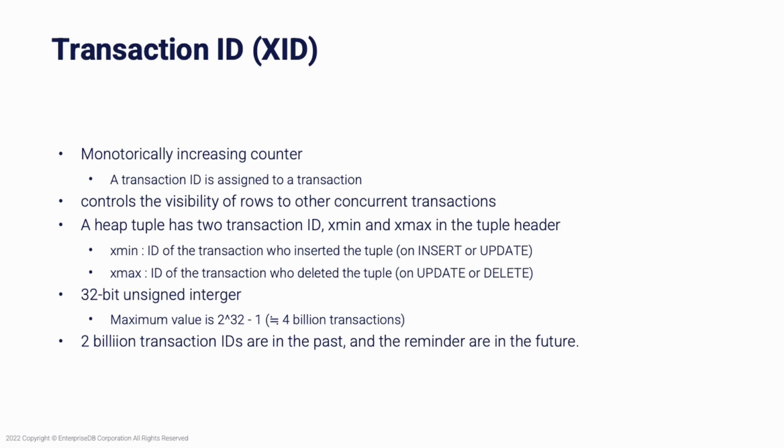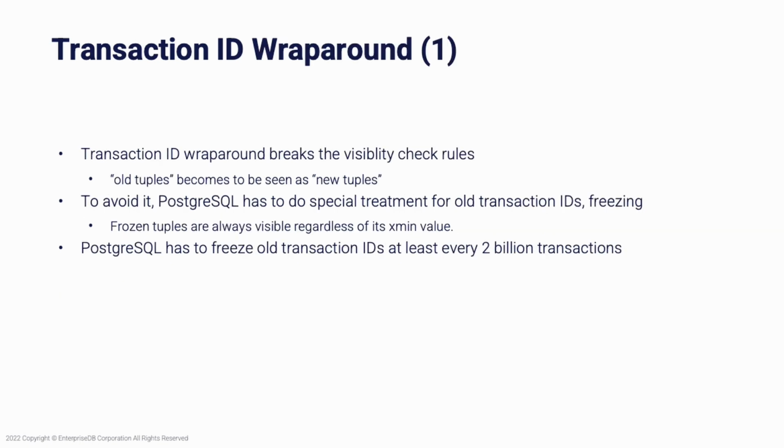XID is actually a 32-bit unsigned integer, so the maximum value is approximately 4 billion. In the tuple visibility check rule, we treat 2 billion XIDs behind the current XID as in the past, and the other 2 billion XIDs ahead of the current transaction ID as in the future. XID is circular, so after using up 4 billion transactions, it goes back to 3.